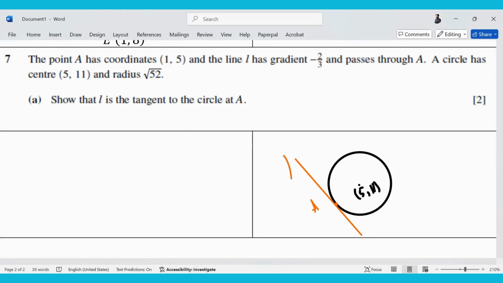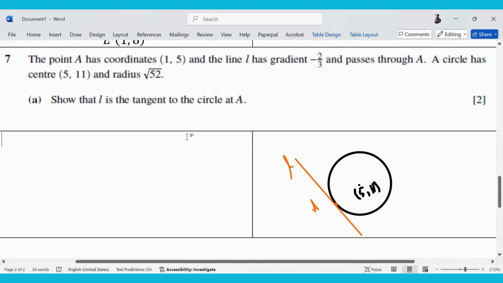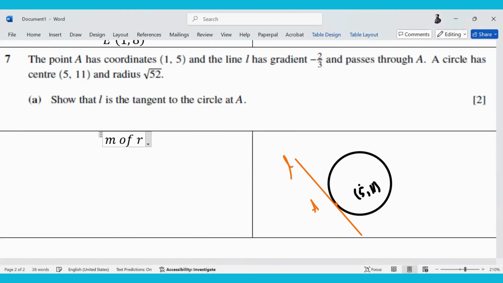And now I need to figure out that line L is tangent to the circle at A. How do I do that? I will find the gradient of the radius at A. The radius that goes to A, I can find its gradient. How do I do that? y2 minus y1 upon x2 minus x1.